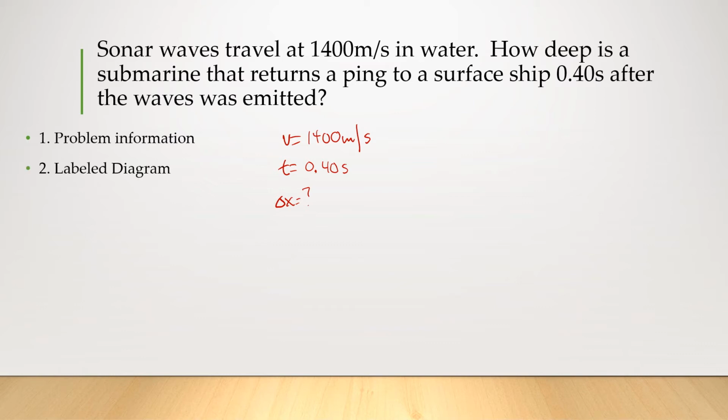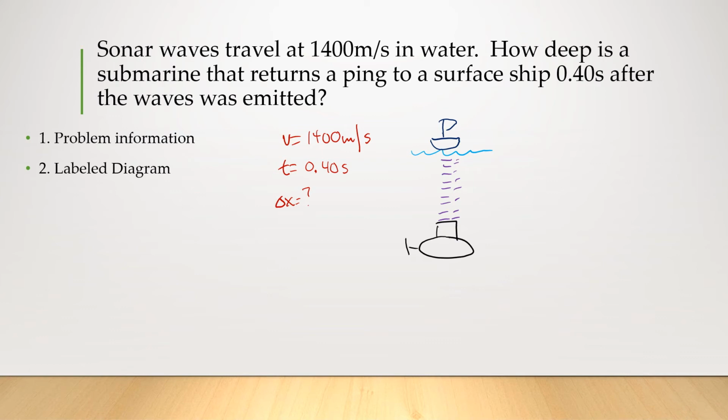So the next step is draw a label diagram. So we have the water here, and we have our little ship on top of the water, and then we have our submarine down here underneath the water. So what happens in this case is it sends a ping out, the sound wave hits the submarine, and then returns back to the surface.